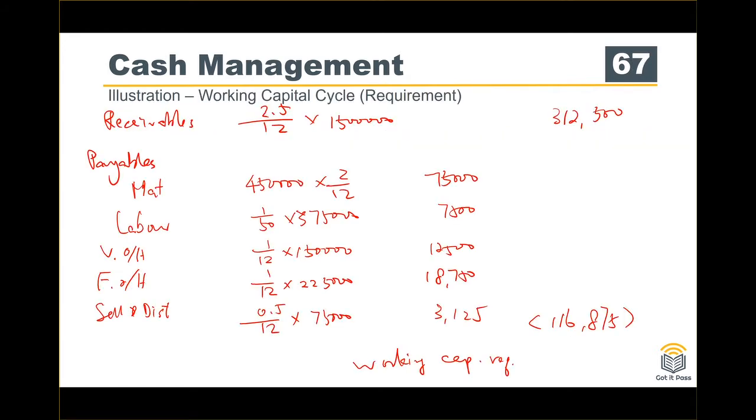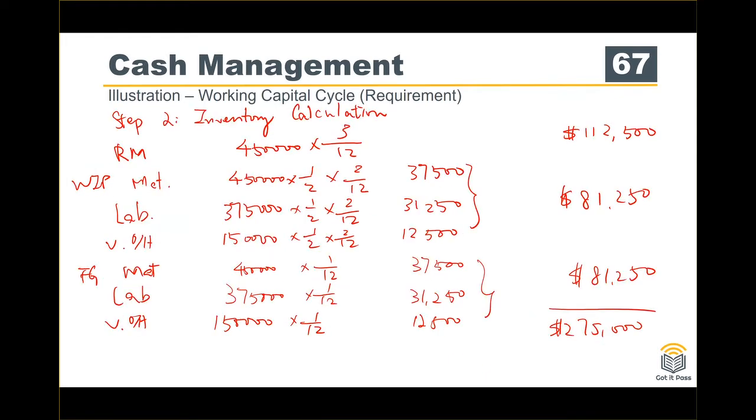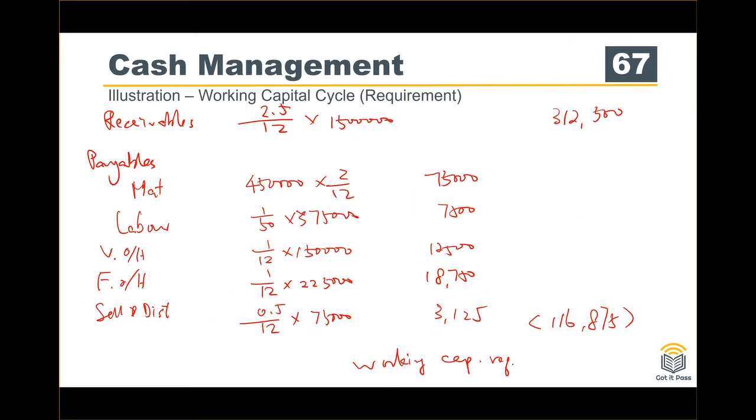For inventory, 275,000 plus the account receivables is 312,500 minus accounts payable is 160,875.